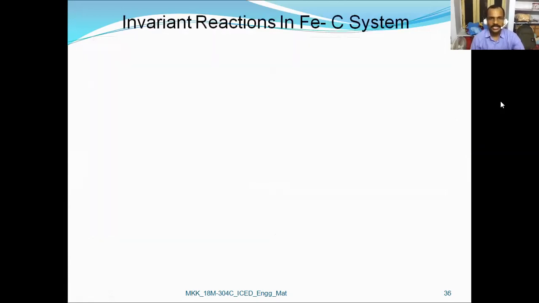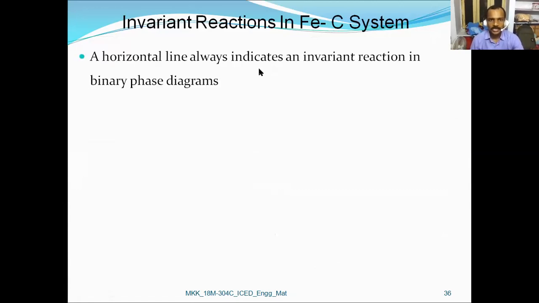Invariant reactions in iron carbon system. The horizontal line always indicates an invariant reaction in binary phase diagrams.